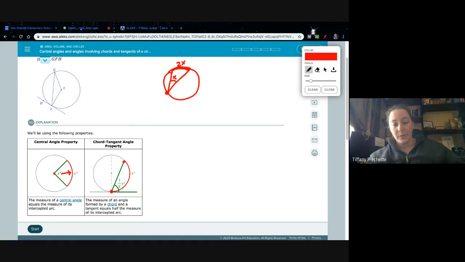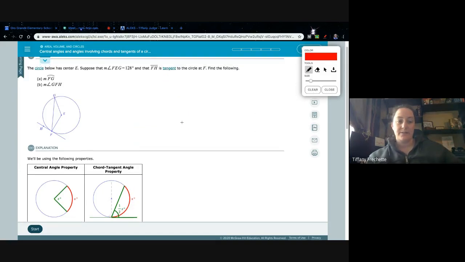In this one, the red portion here is the arc that's intercepted or captured. You have your point and then you come over here to your other point. So this is the arc that it creates. So if we know the degree of that arc, we can divide by 2 to get to the angle. If we know the angle, we just multiply by 2 to get to the arc. So it's that same idea of inscribed angles that we've already dealt with before.